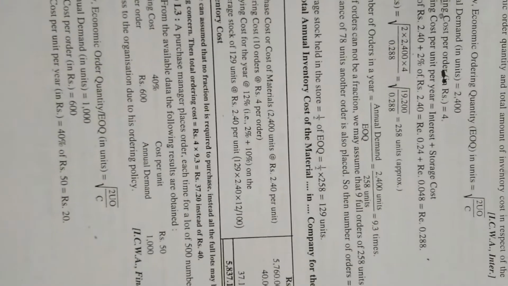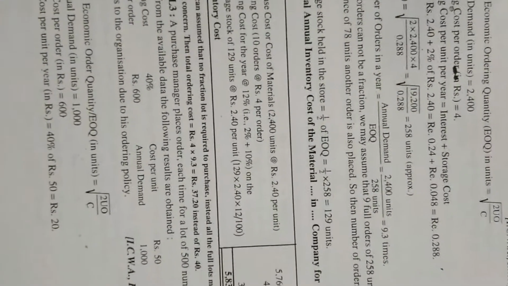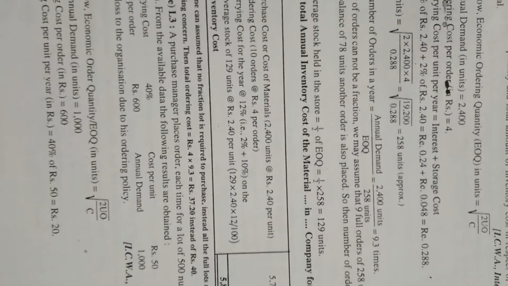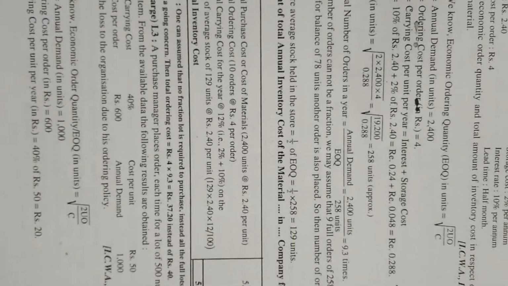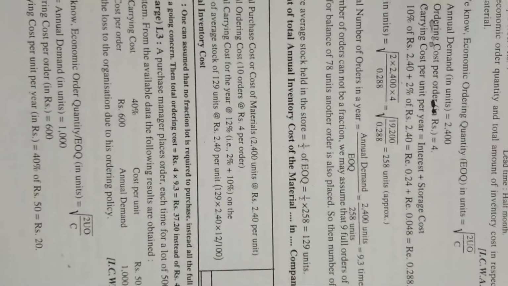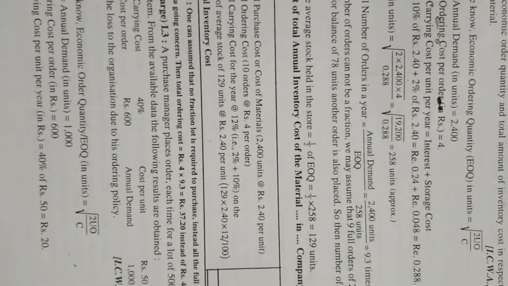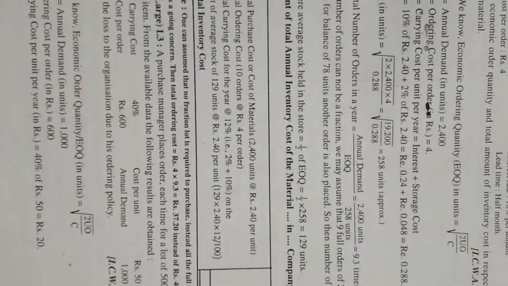Suppose I am a shop merchant, I want to run my business in this way. Suppose I am purchasing my shirts from Bombay, or Mumbai, whatever it may be. I can take a decision in this way, I can purchase my total goods at a time. Suppose I require 1 lakh shirts in a year.